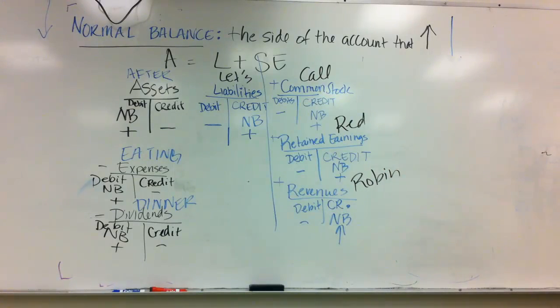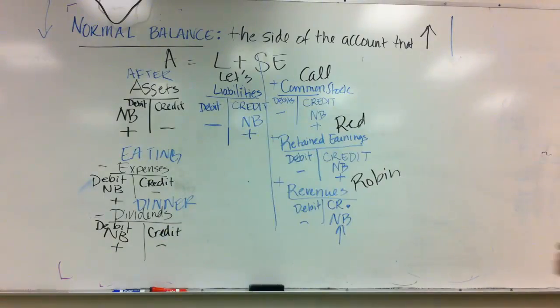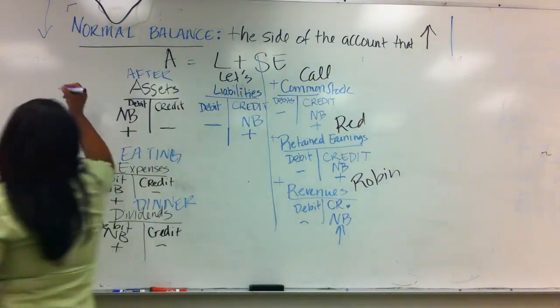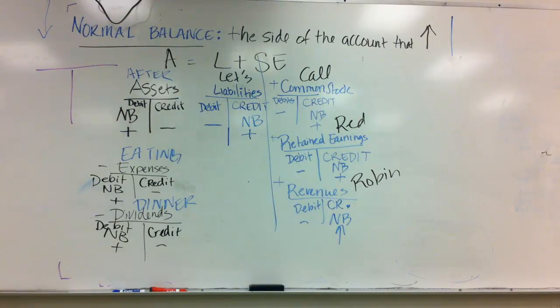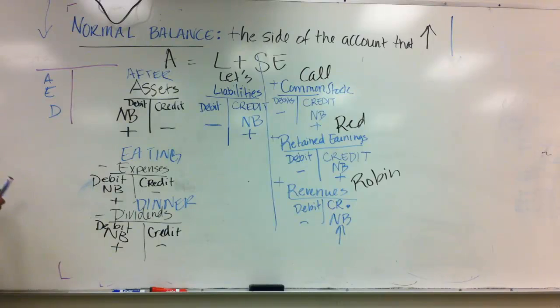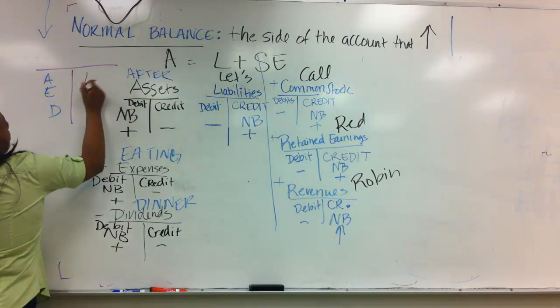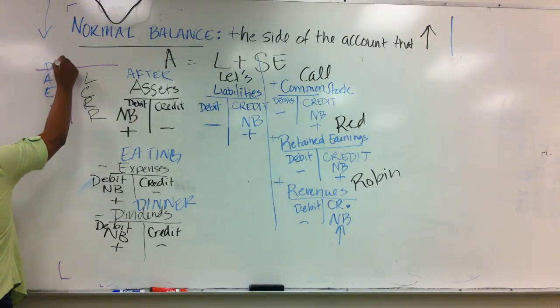So what that means is, if you drew a T account, and you put down, after eating dinner, let's call Red Robin. That would be your debit side for normal balances.